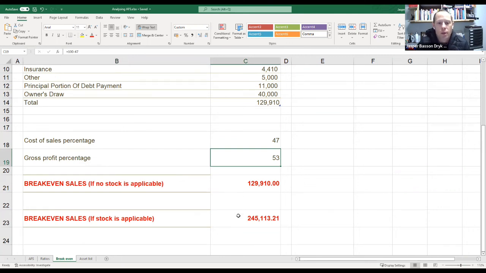So what I will do in this exercise, I will take the 129 right there and divide it by the 0.53 gross profit, which will give me the actual sales that I need to do to cover the expenses of 129,000 Rand, and that would be 245,000. So it's 129 divided by the 0.53 gross profit, which gives me the 245,113 as the actual sales I need to do merely to break even.